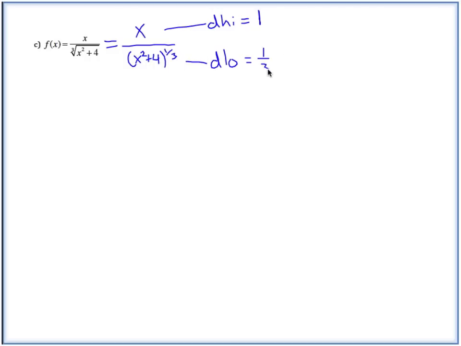So we have 1/3 times the x squared plus 4, and then we're going to subtract 1 from this. So 1/3 minus 3/3 is negative 2/3. And then we have to multiply by the derivative of the inside here. So that's going to be times 2x. Okay, so now we have d high and d low. Let's apply our quotient rule.